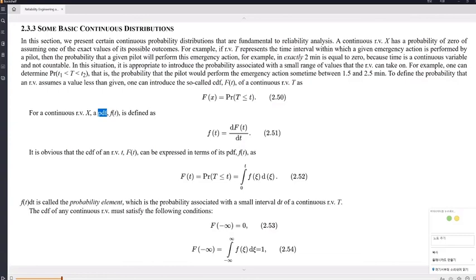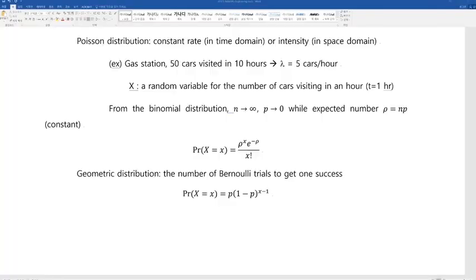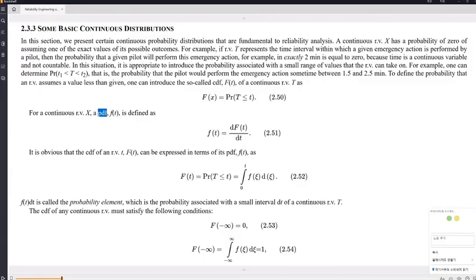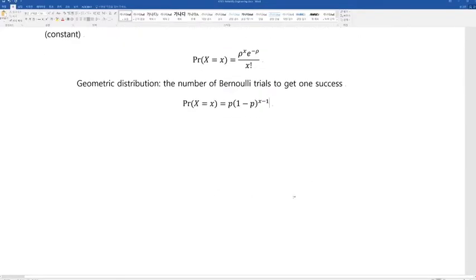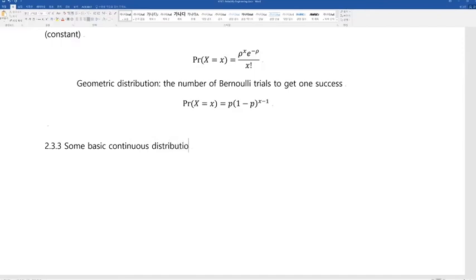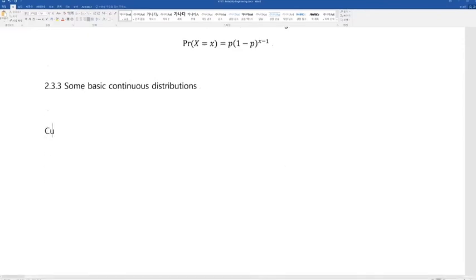So let's go back to our notes. Some basic continuous distributions, section 2.3.3. The cumulative distribution function, in short CDF.